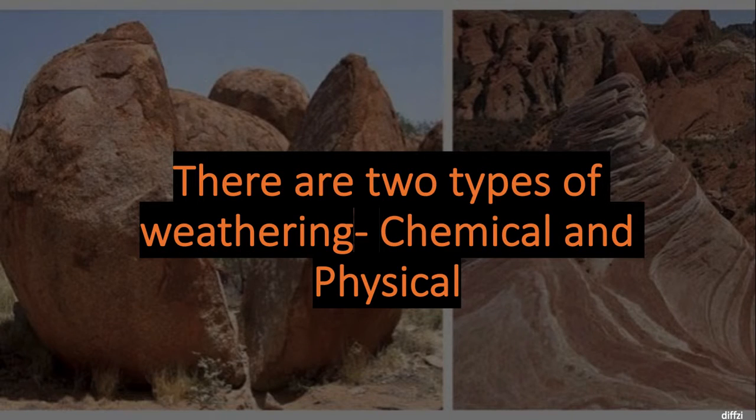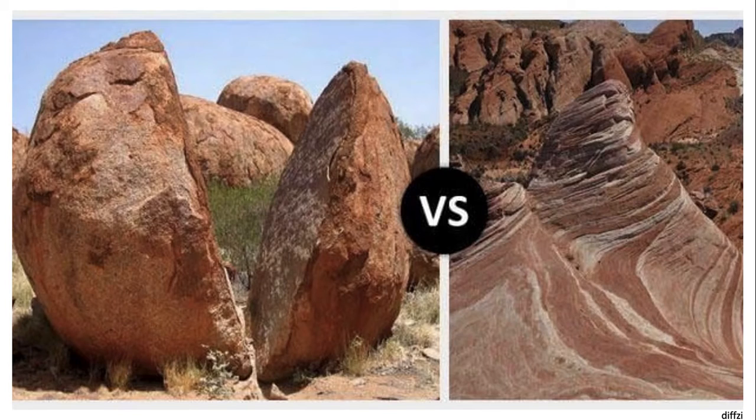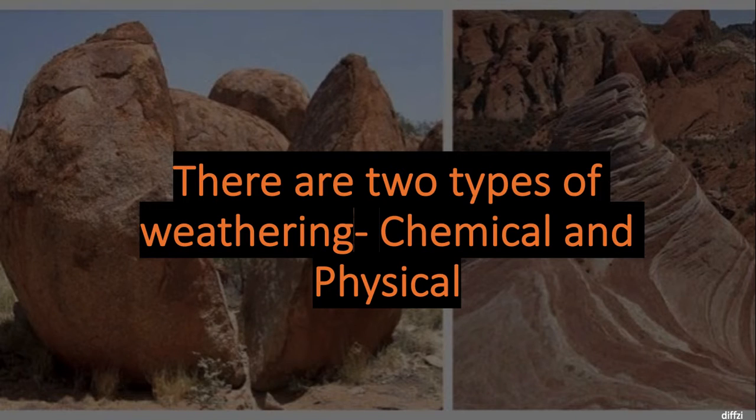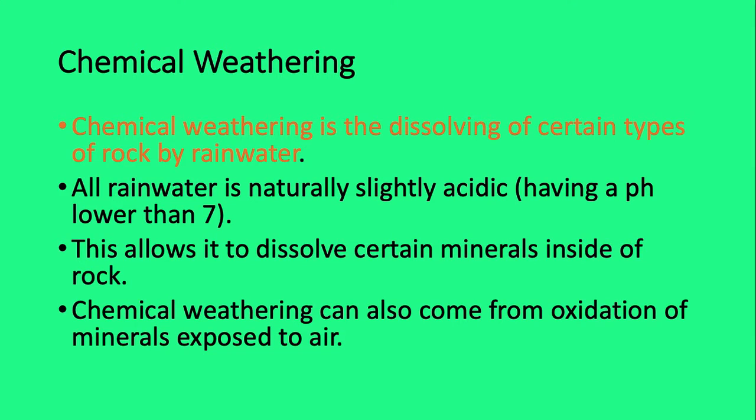There are two types of weathering, chemical and physical. This picture has physical weathering on the left and chemical weathering on the right. Chemical weathering is the dissolving of certain types of rocks by rainwater. All rainwater is naturally slightly acidic, meaning it has a pH lower than 7. This allows it to dissolve certain minerals inside of rock.